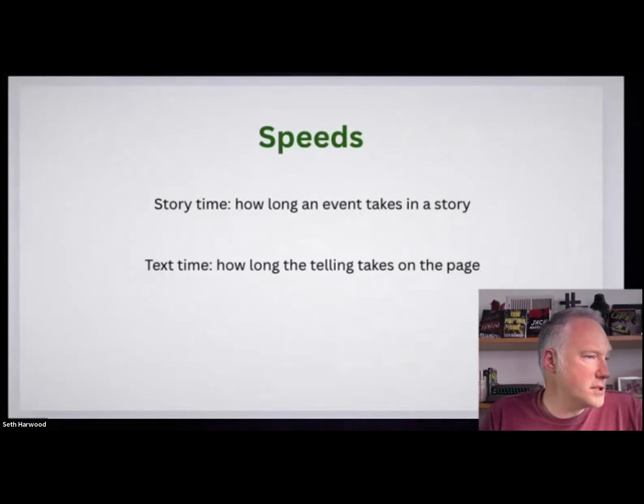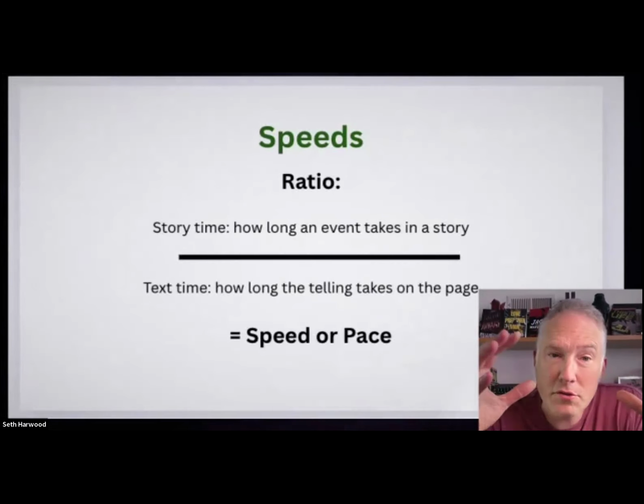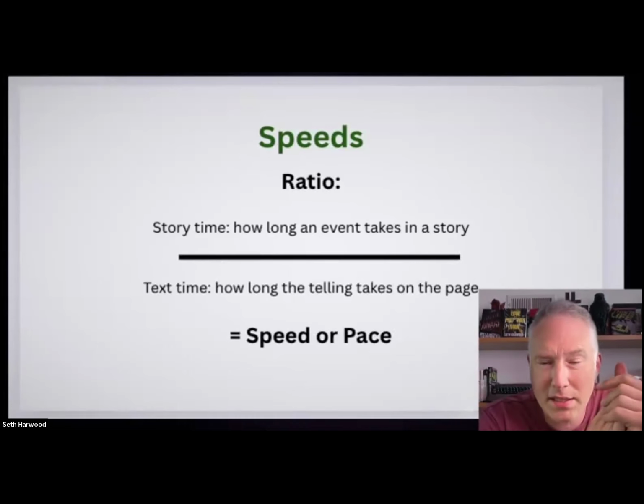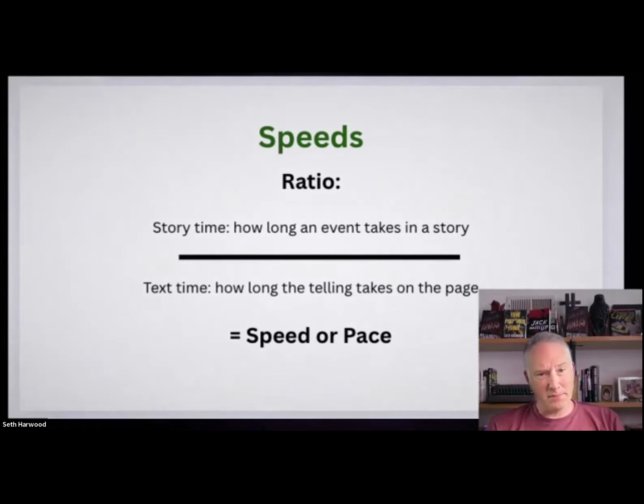The concept here is that if you think of these two, there's a ratio that makes sense where you take story time and divide it by text time. I know a lot of us are not necessarily math folks, so just hold these math concepts very lightly.